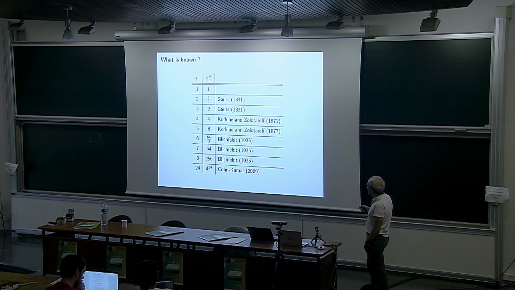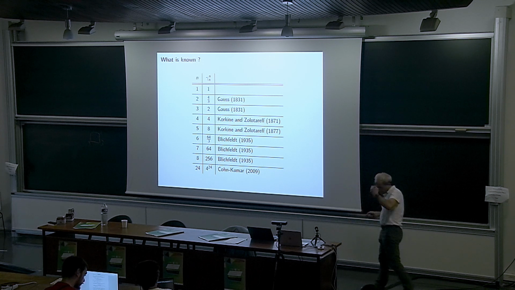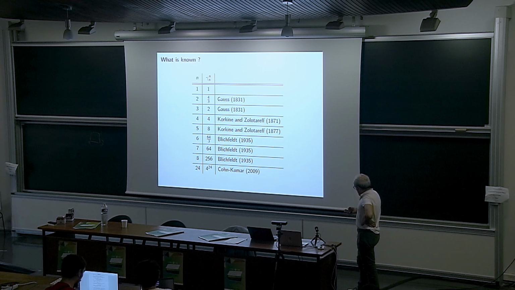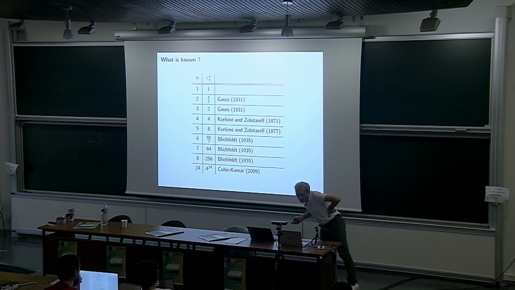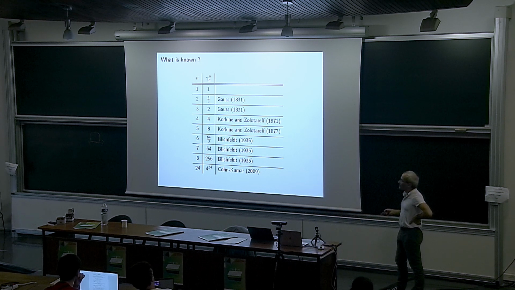Everything is done up to dimension 8, almost nothing between 8 and 24, and there is this miracle in dimension 24, which was proven by Cohn and Kumar in 2009. Okay. Questions so far, because I will move to something rather different? No?